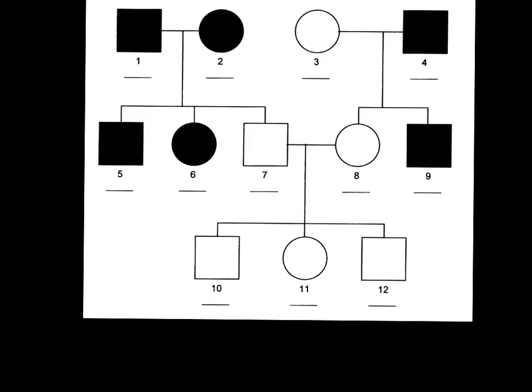Because if you think about it logically, if these parents are recessive, then there is no way they could have an unaffected child. Because when you're recessive, you're homozygous recessive, and all you can pass on to your kids is the recessive allele. So there's no way that you could get a child that's then different from the parents. So when it's dominant, it's much easier to figure out.